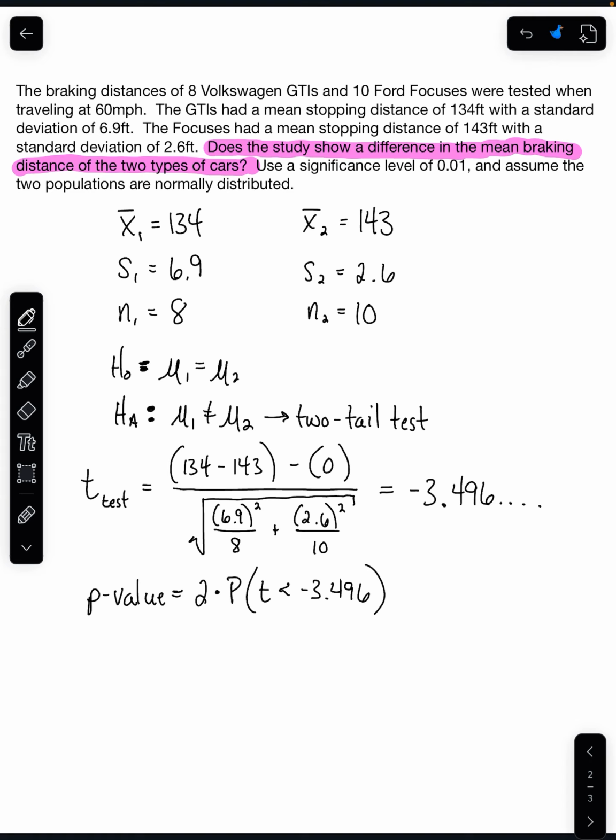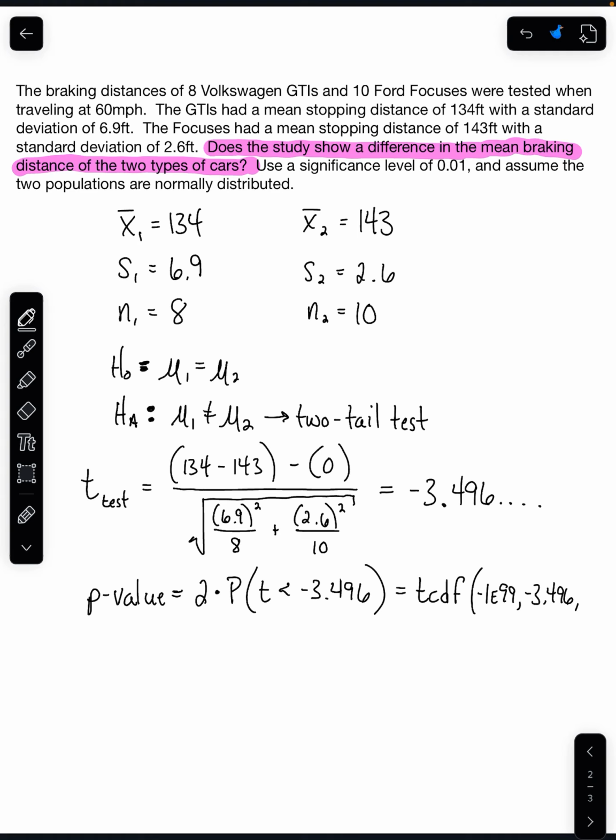We want to find the amount of area in the left tail and multiply it by 2. On our calculators, this would be the tcdf command from negative 1e99 to negative 3.496.